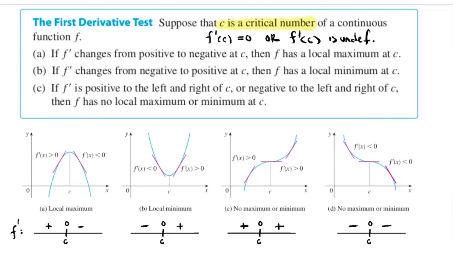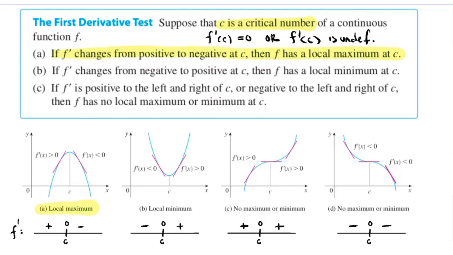In either case, we'll call it a critical number, all right? And the first derivative test says, well, there are some cases. It says that if f prime, not f, but if f prime is changing from a positive value to a negative value, then you have a local maximum.